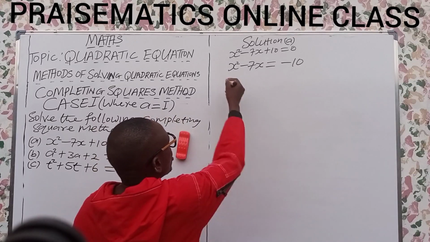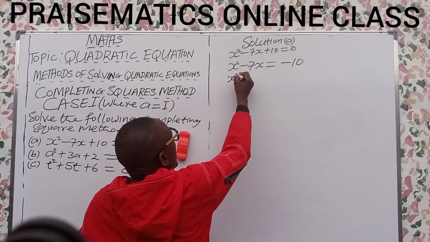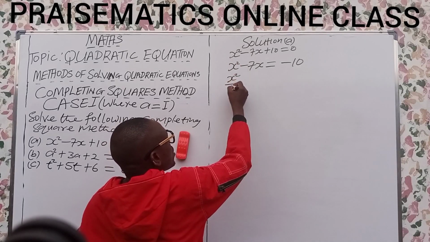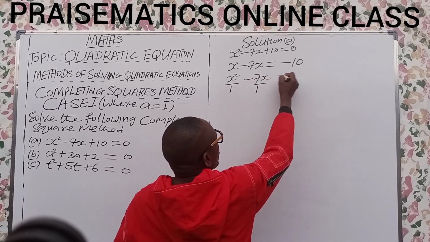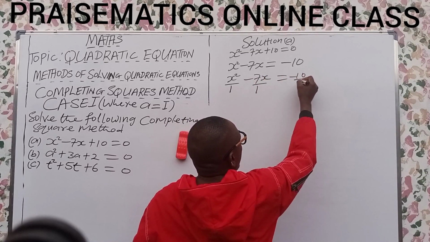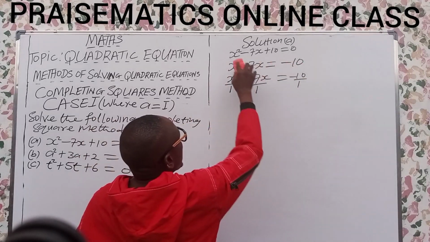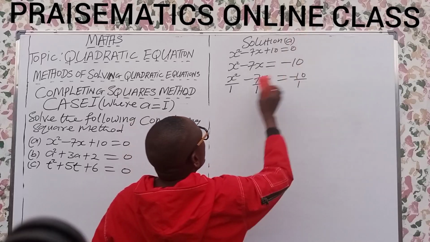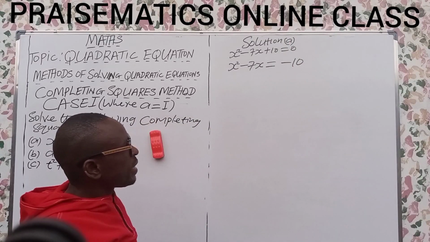And when you divide it, it still gives you back x squared minus 7x equals minus 10.